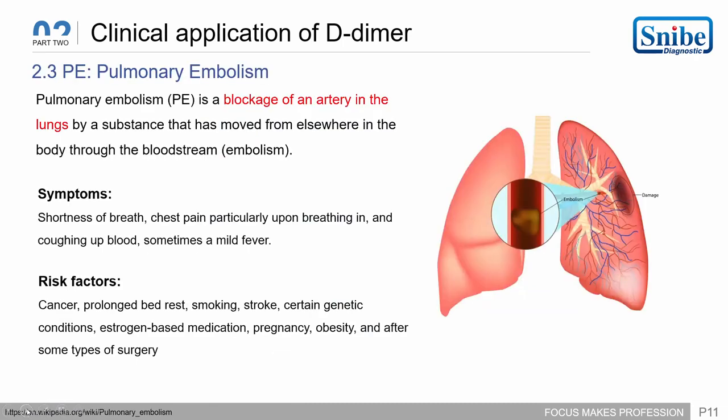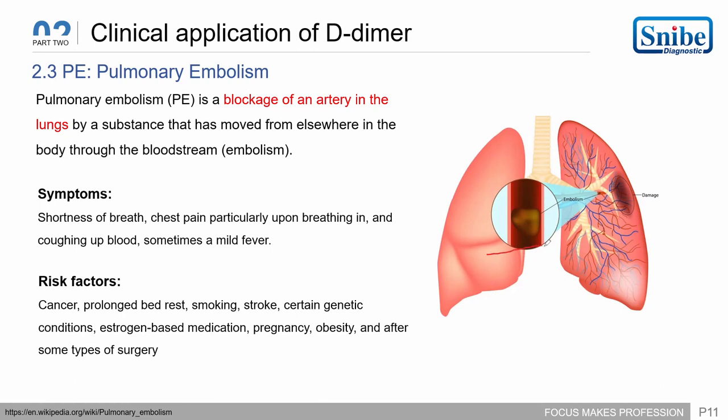If we talk about pulmonary embolism, what is pulmonary embolism? Basically, pulmonary embolism is a blockage of an artery in the lungs by a substance that has moved from elsewhere in the body through the bloodstream. The symptoms are shortness of breath, chest pain particularly upon breathing in, and coughing of blood.